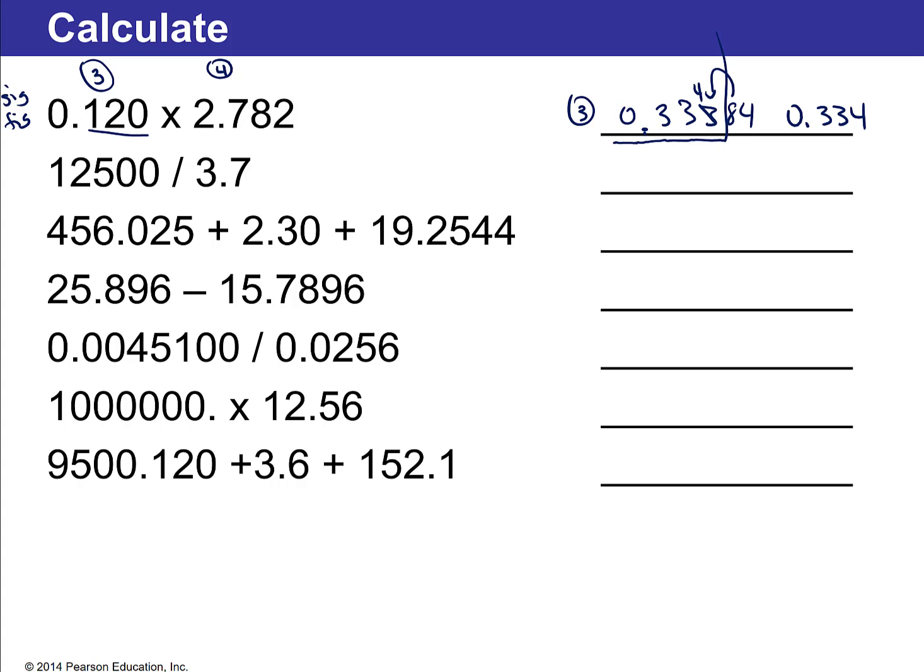12,500 divided by 3.7. How many significant figures in 12,500? 3. No decimal place, the 1, the 2, and the 5. The zeros at the end, if there's no decimal place, they're not significant. Divided by 3.7, which is 2. The 3 and the 7. So that means my answer has to have 2. 12,500 divided by 3.7.